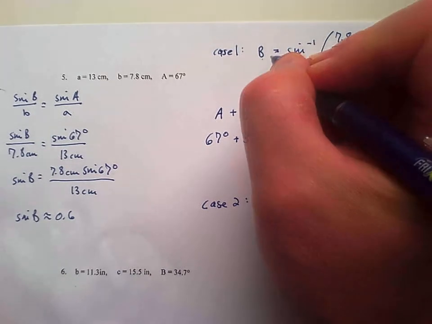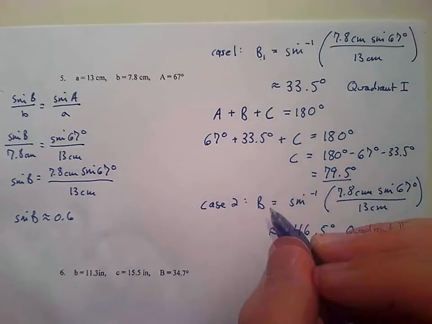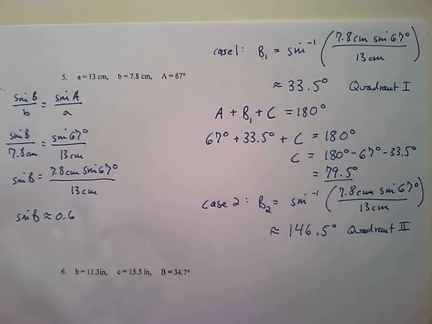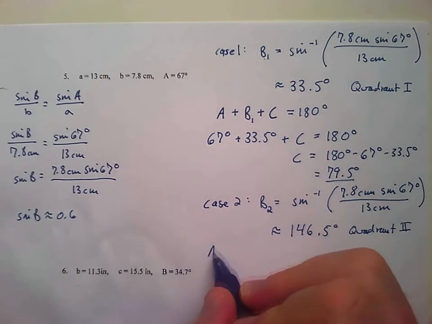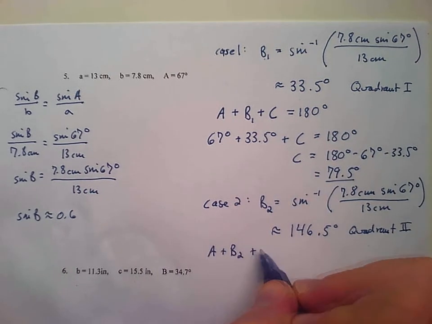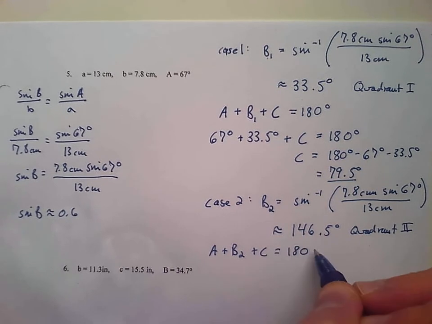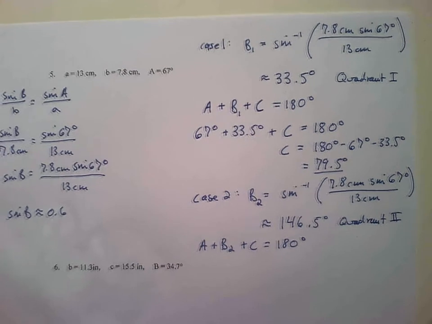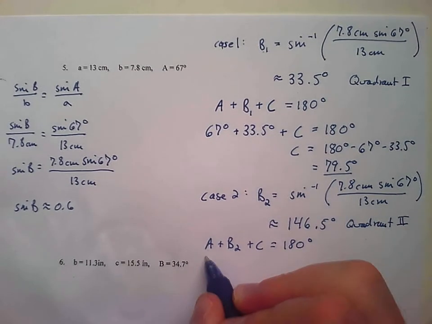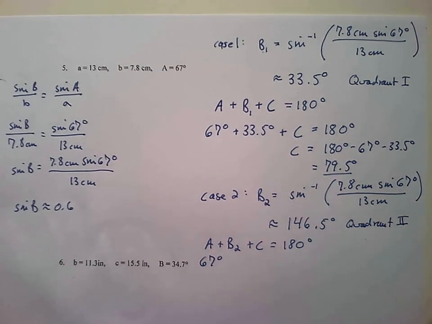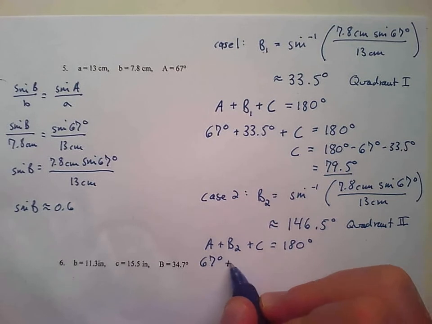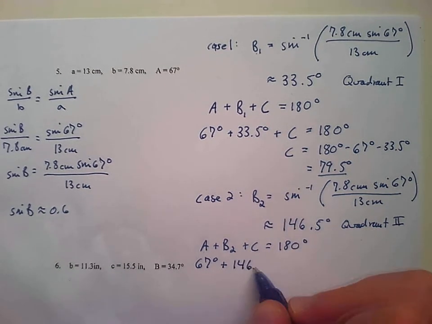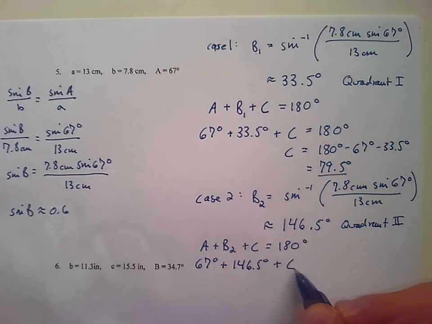So, I'm going to call this B1, and I'm going to call this B2. So therefore, here we added B1 in here. I'm going to do the exact same thing now with B2. If we add the angles of the triangle together, it still should just be 180 degrees. Angle A is still equal to 67 degrees. Now we just found out that we have another possible solution being 146.5 degrees.